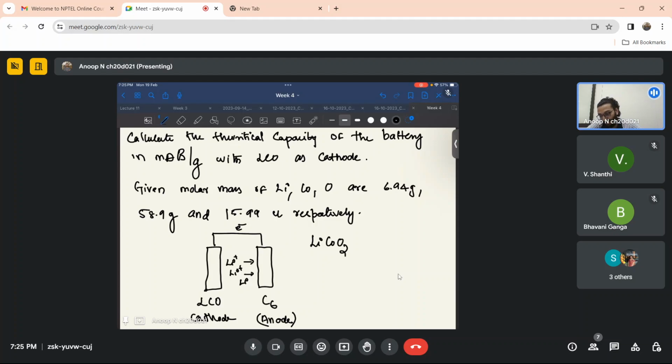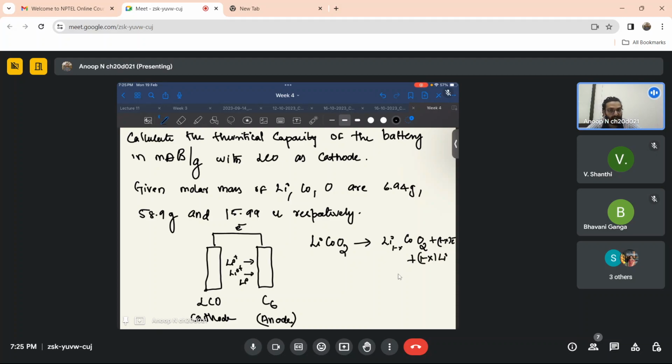That's the reaction. So LiCoO2 gives Li(1-x)CoO2 plus (1-x) electron plus (1-x) lithium.